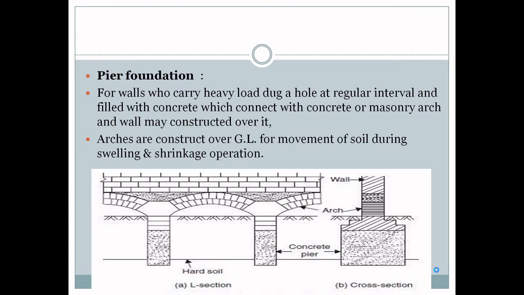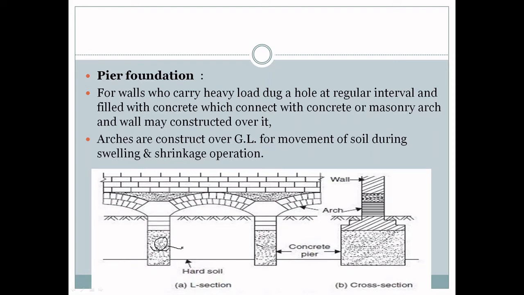Next topic, pier foundation. For walls that carry heavy load, a pier foundation with arches may be provided. The piers are dug at regular intervals and filled with concrete. This is the pier.